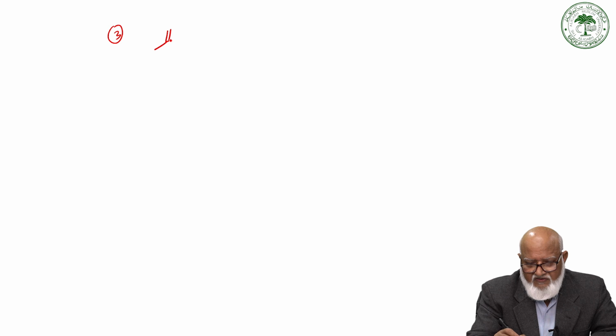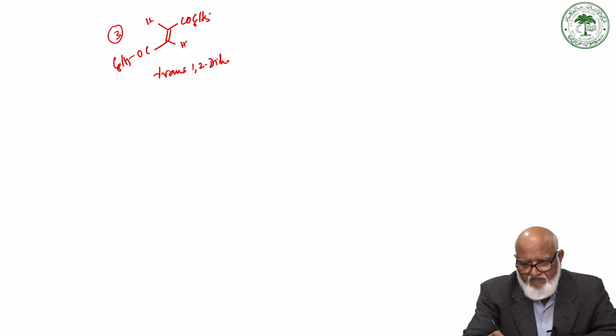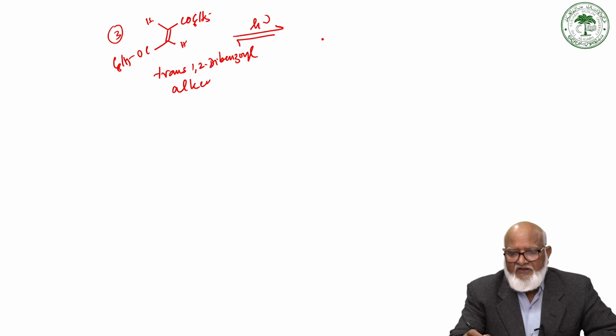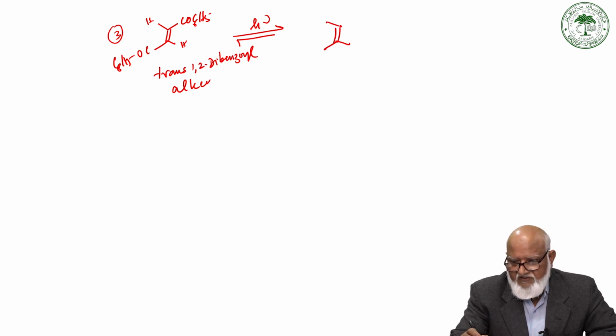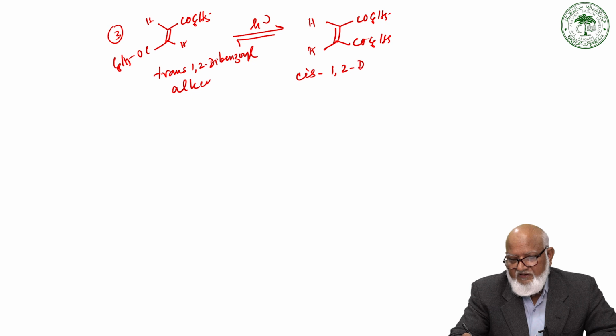If we have COC6H5, if we have a trans 1,2-dibenzoyl alkene, then as usual, under photolytic condition it undergoes cis-trans isomerization to give cis 1,2-dibenzoyl alkene. This is cis 1,2-dibenzoyl alkene.